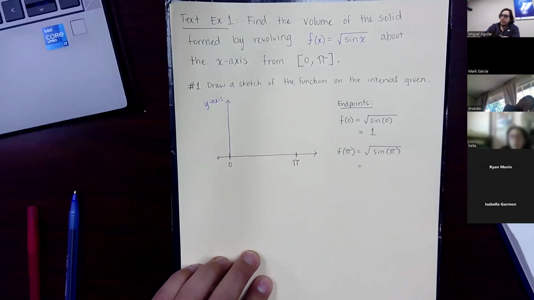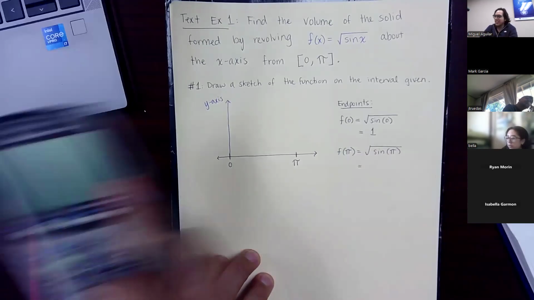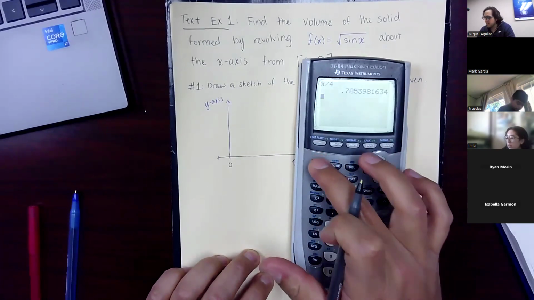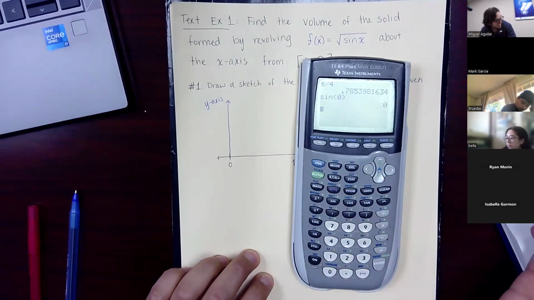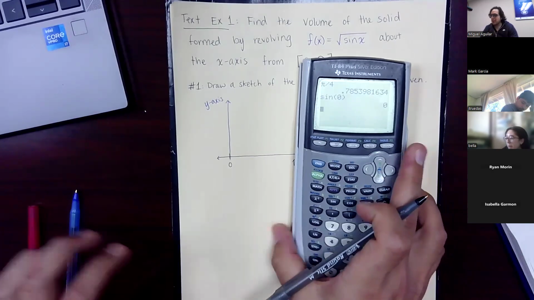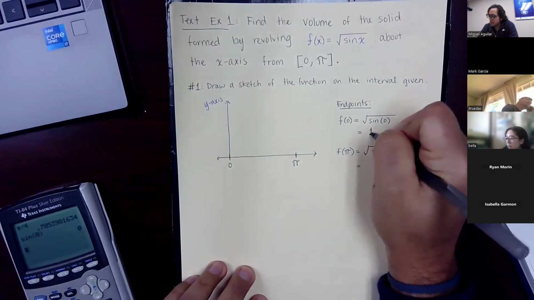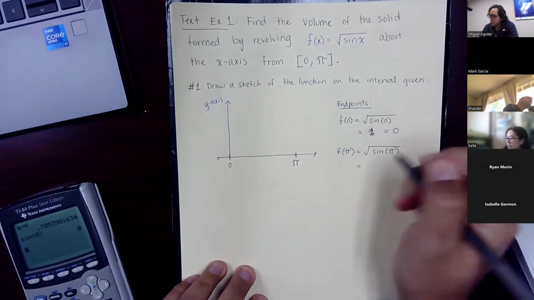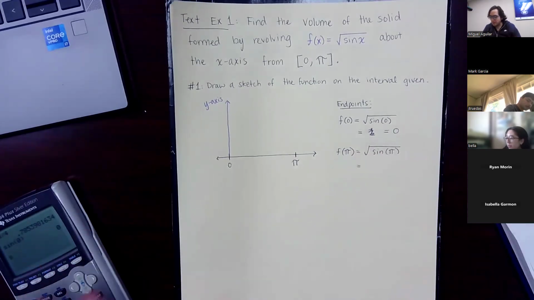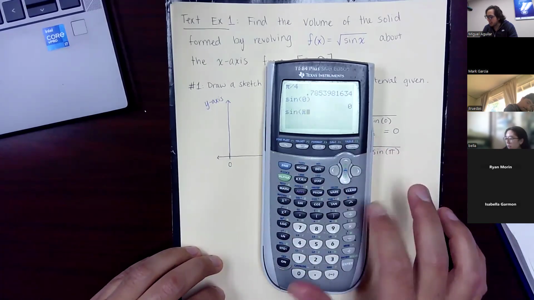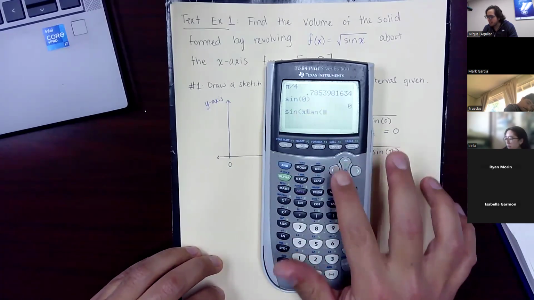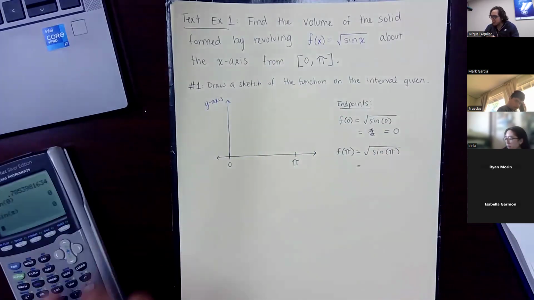Sine of pi, the y value would be, are you sure the sine of 0 is 1? I'm just going to double check that in the calculator. It's 0, guys. Okay, so this one should have been 0. That's why we don't want to use pen. This one also, I think, is going to be 0. Let me do that sine of pi in the calculator just to put that in. Okay, 0.